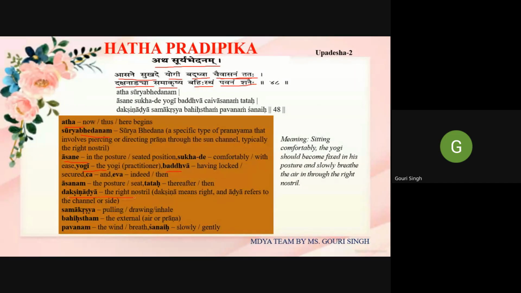Dakshina means the right nostril. One should inhale through the right nostril, that is Samkrishya. Samkrishya means you have to pull the air or breath in through the right nostril. Bahistham means external. Here it is not mentioned how to breathe out, let me check.